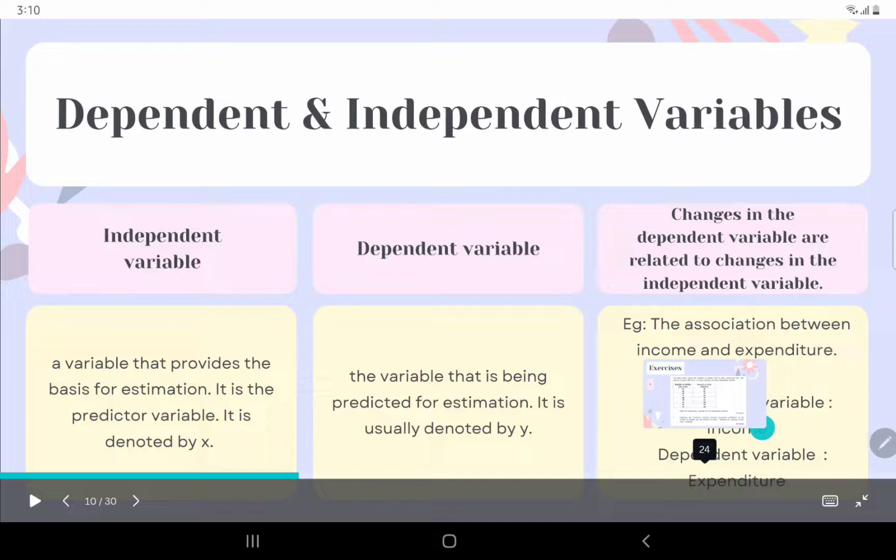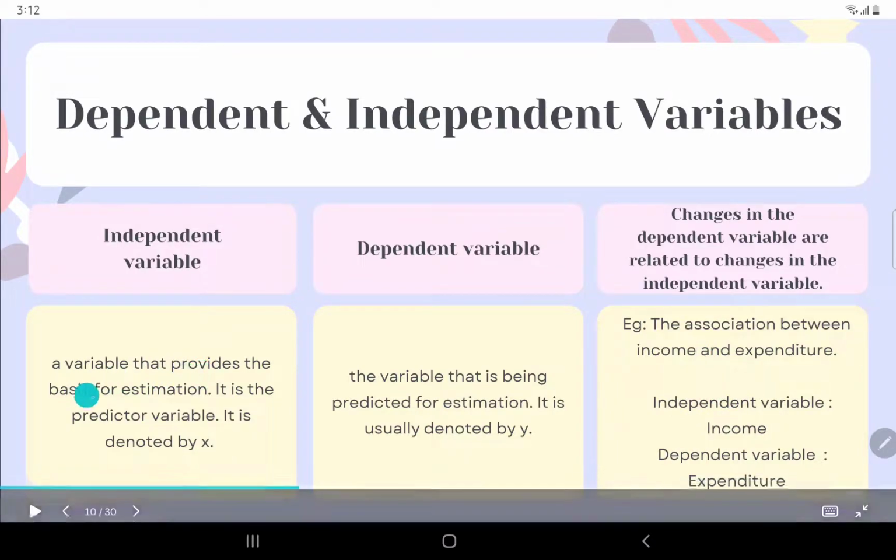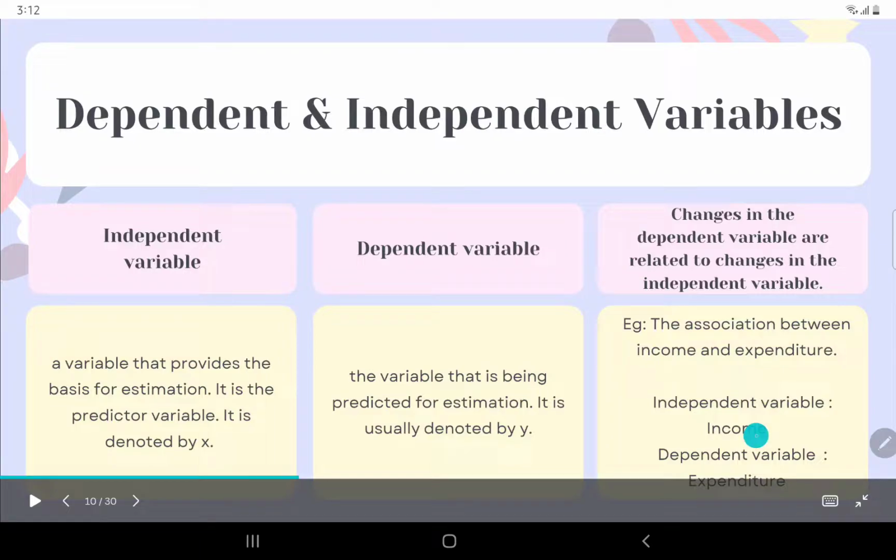Why is it like that? Okay, because income will become independent variable because it is a variable that provides the basis for estimation. Maksudnya kalau gaji sikit, expenditure pun akan jadi sikit lah. Kalau gaji banyak, expenditure akan jadi banyak. So maksudnya income ni yang akan menentukan expenditure, bukannya expenditure yang menentukan income, kan?